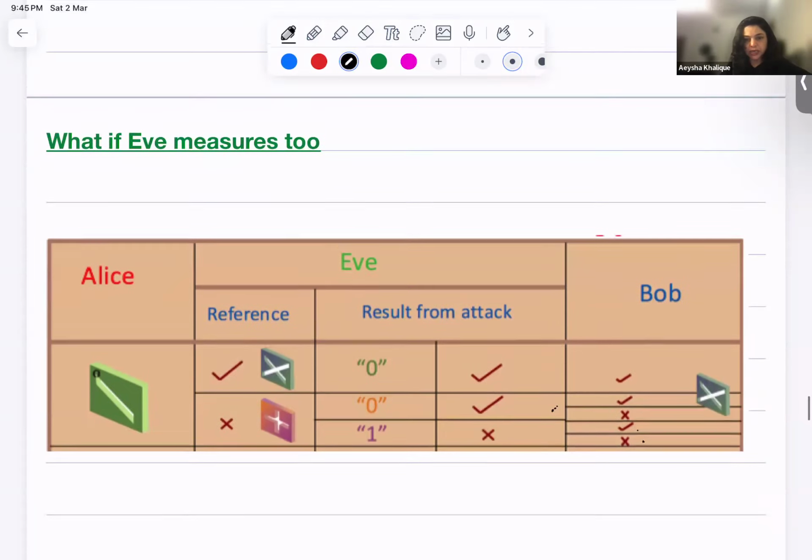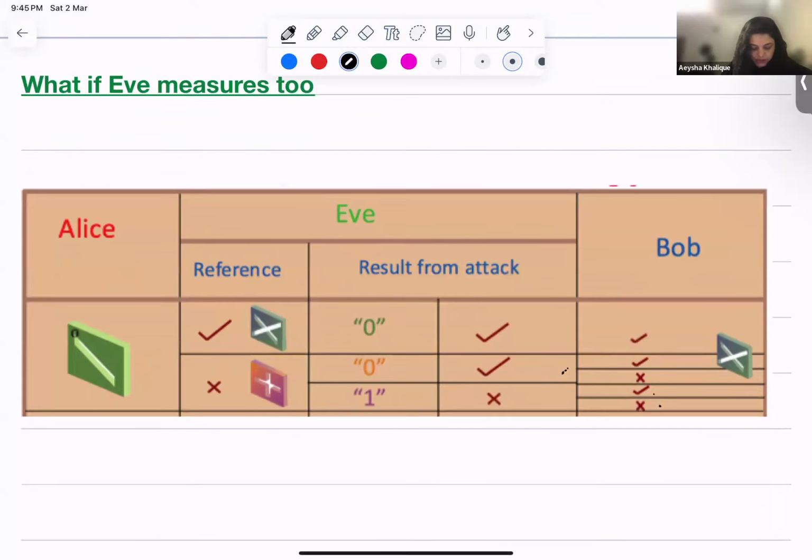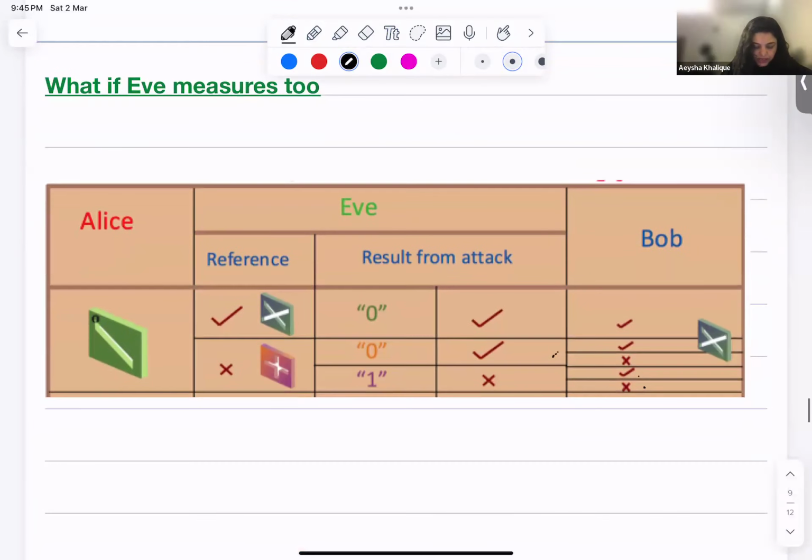So let's suppose that Alice and Bob's bases match, and Alice sends the bit value 0. She prepares the quantum state 0, sends it to Bob, Bob measures in the right basis, and he gets the right result, right? But what if there is Eve in between?